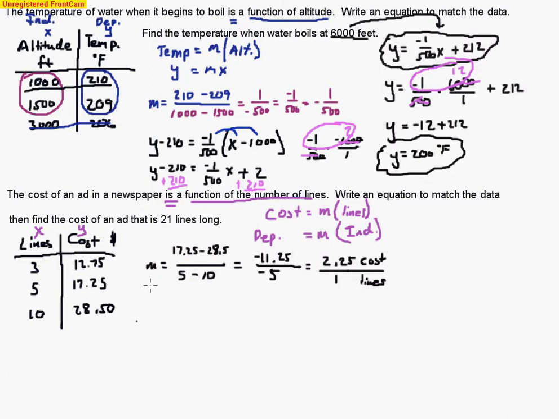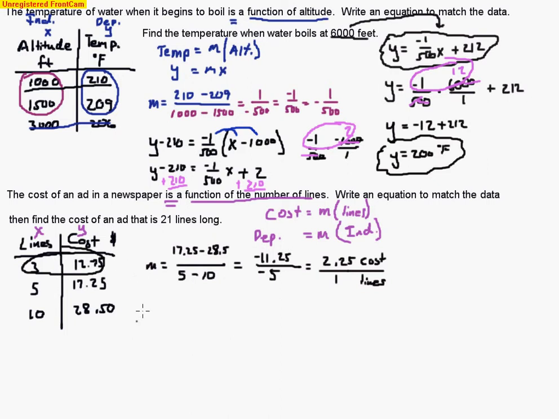So we're going to take one of the points, it doesn't matter which one you take, and use the slope and that point in the point slope formula. I'm going to use this point right now, since I haven't used it yet.